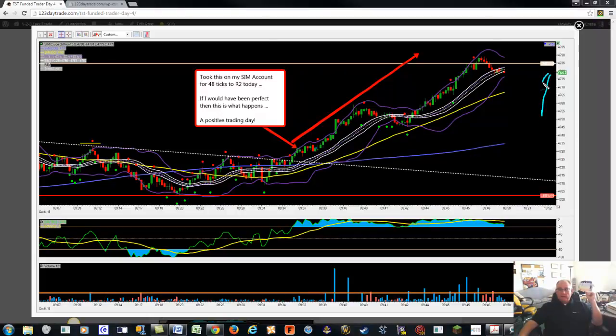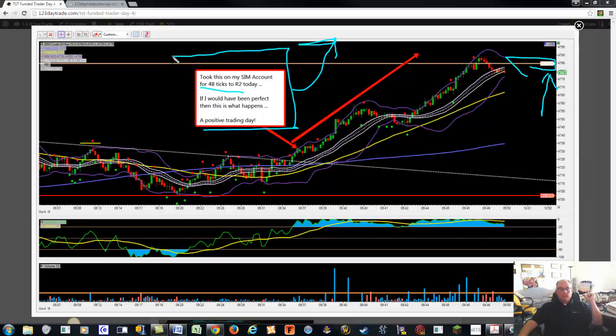It goes up to 45.85, which is what R2 was, and it goes pretty much straight up to that. So right now, that's 48 ticks going straight to R2. And like it says right here, if I would have been perfect, then this is what happens, a positive trading day.